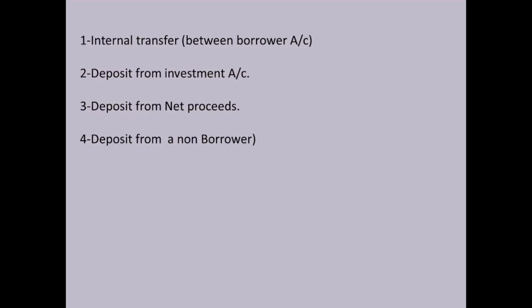Okay, the third will be the deposit from the net proceeds. So what are net proceeds? When the borrower is going to sell their property, whether it is an existing property or an investment property, and the funds from that sale are deposited into the bank account, that is called net proceeds in simple words.